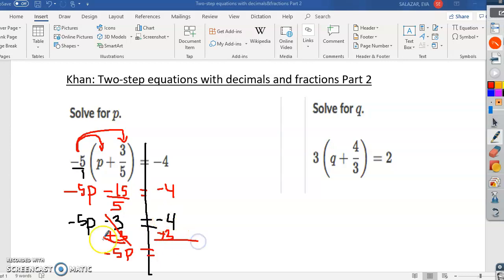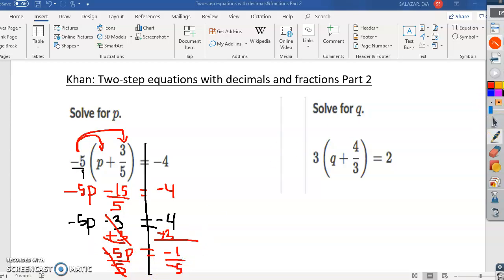Plus 3, because remember, whatever you do to one side, you do it to the other. And negative 4 plus 3 is going to give me negative 1. And I'm going to go ahead and divide by negative 5 because the inverse operation of multiplication is division. And you have negative 5 over here.